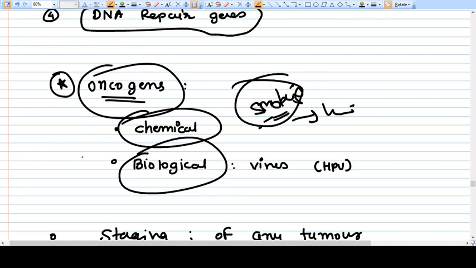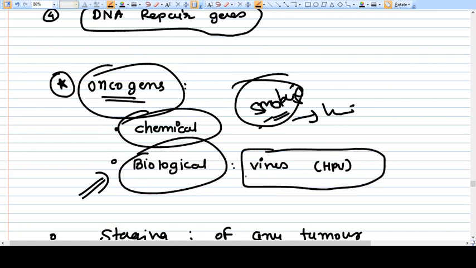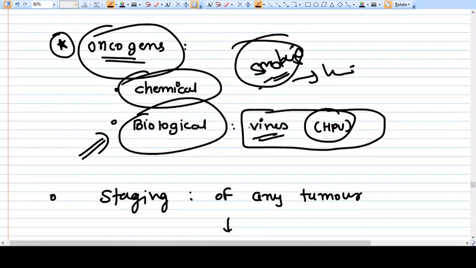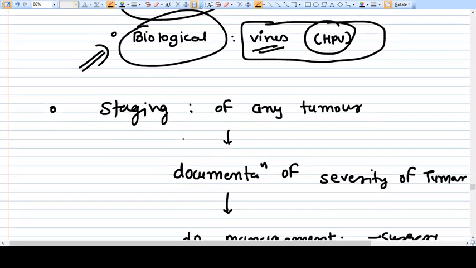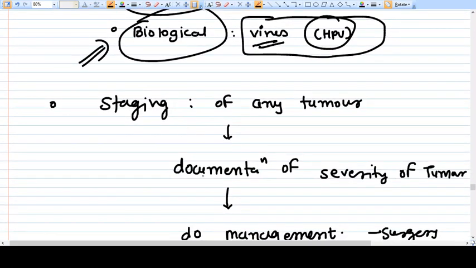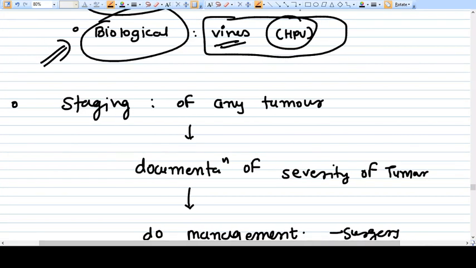Biological oncogens are also very important these days, because there are many discoveries of viruses causing tumors. So a virus, just like HPV, which causes cervical cancer, can be the reason for the tumors.